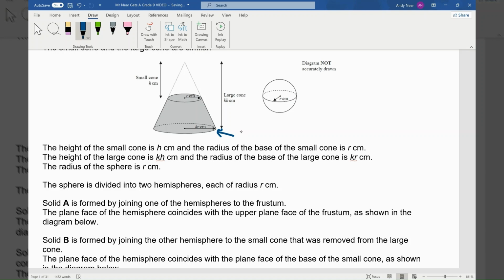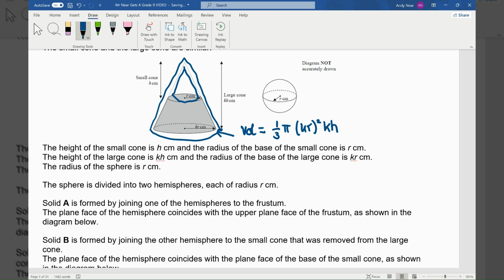So the volume of this is going to be equal to the volume of the big cone minus the volume of the cutaway cone. The volume of the big cone is 1/3 times pi times its radius, which is kr, squared, times its height, which is kh.